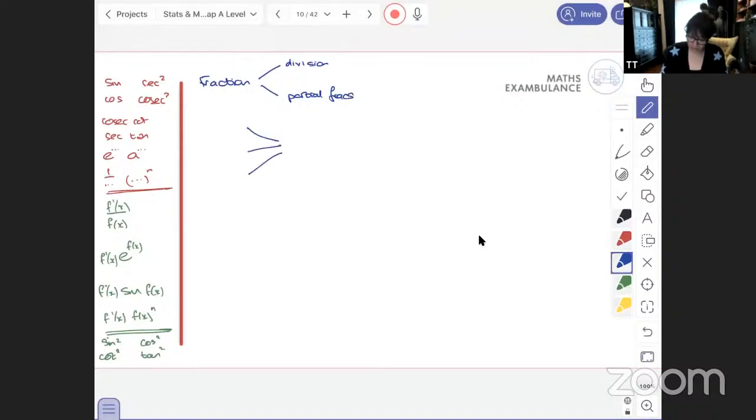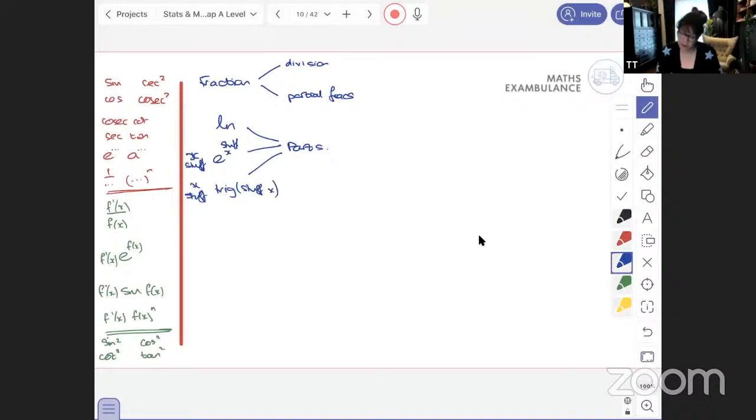There are 3 situations in which you might need integration by parts. One of them is anything to do with ln. One of them is where you've got stuff to do with x, and then e to the stuff to do with x. And the other one is stuff to do with x, and then trig of stuff to do with x. Those are the situations in which you'd need parts.